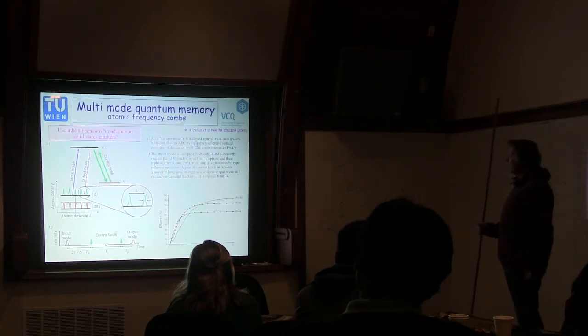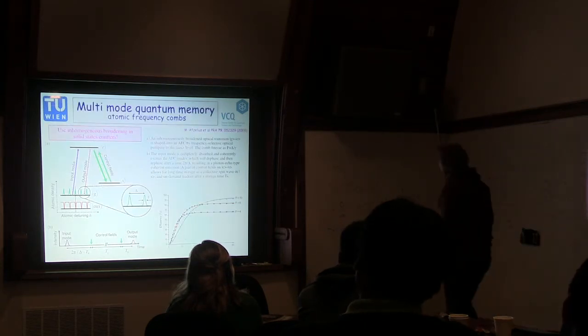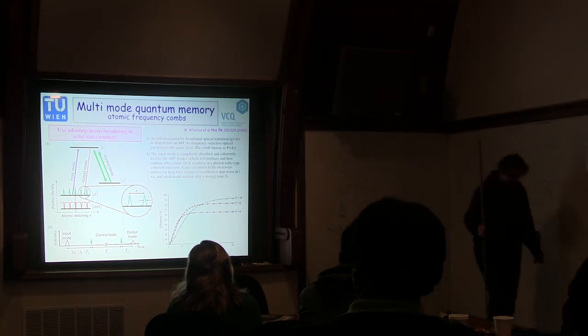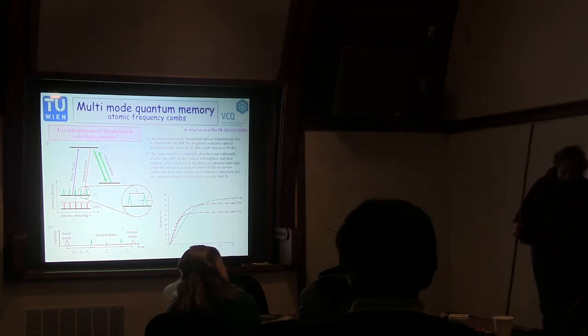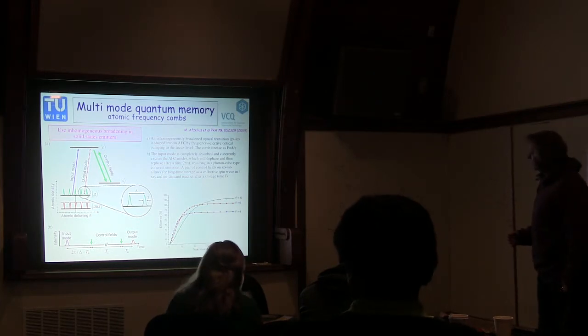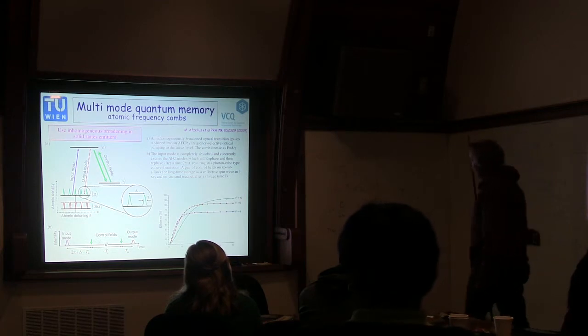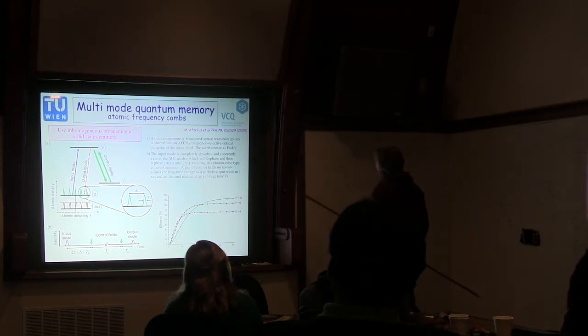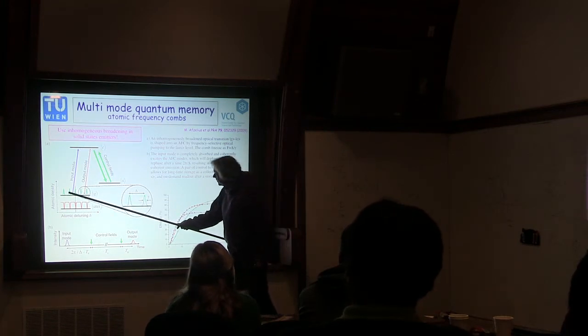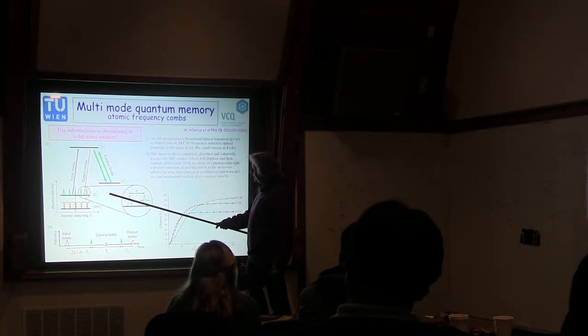So what people thought about, and I think the original work is from Stefan Kröll in Lund, but Nicolas Gisin's group in Geneva did a lot of work, is this really nice idea that you can write a frequency comb into the system.